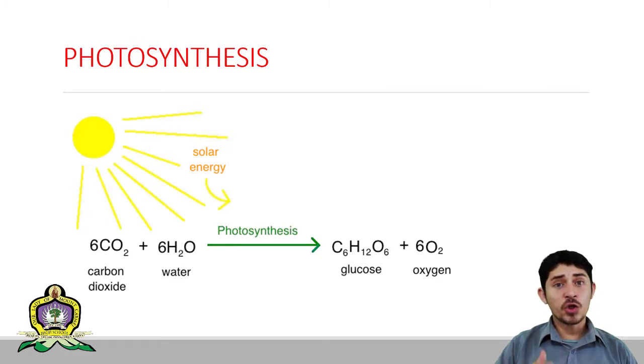On top of producing the sugar, they also produce oxygen. We know that plants also produce oxygen. It's something that we have been taught since primary school.